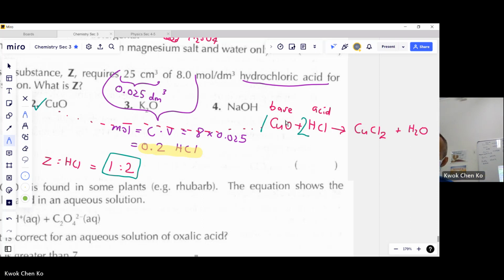Xingyue, what's the other possible compound? Oh, okay. Well, you don't need calculating. You just have to balance the equation. Let's try K2O. K2O plus HCl.